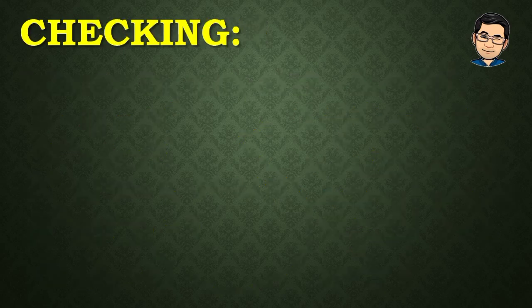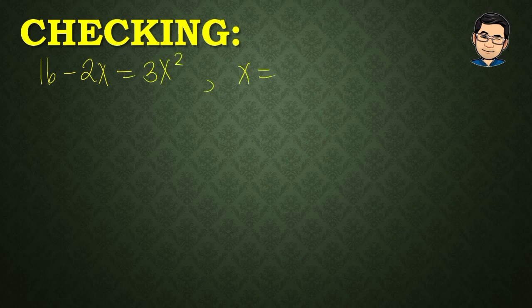So, let's check. 16 minus 2x equals 3x squared. And then, yung mga roots natin, x equals negative 8 all over 3. And then, 2. So, dun muna tayo sa x equals negative 8 all over 3.